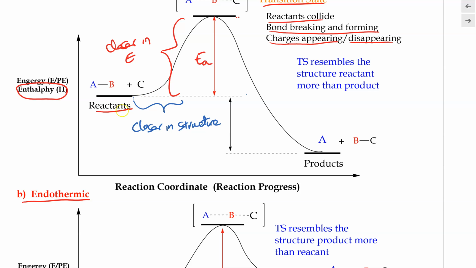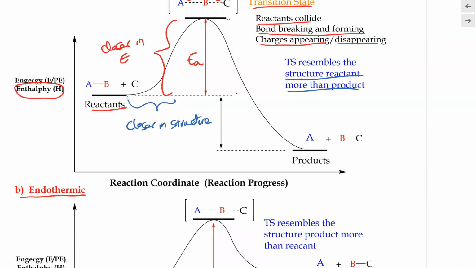So the reactants have better resemblance to the transition state compared to the product, because they're closer in structure and also closer in energy as well. So for this reaction, the transition state resembles the structure of the reactant more than the product.